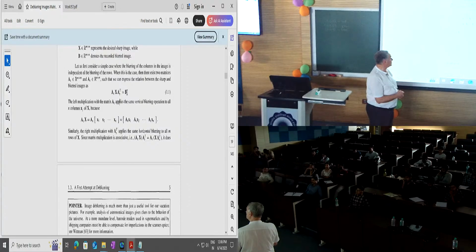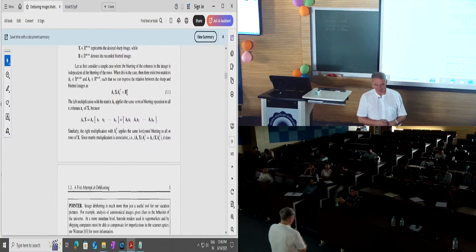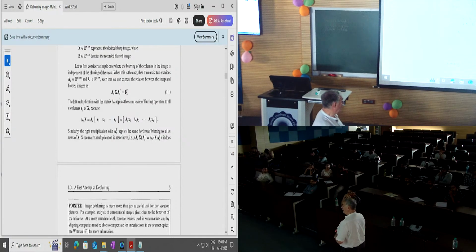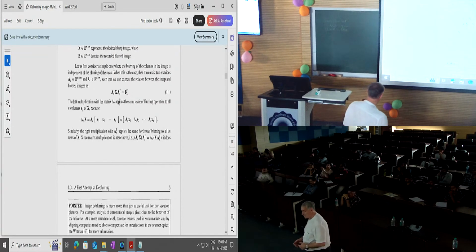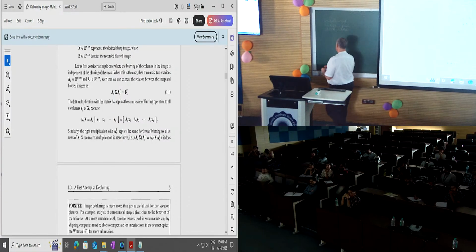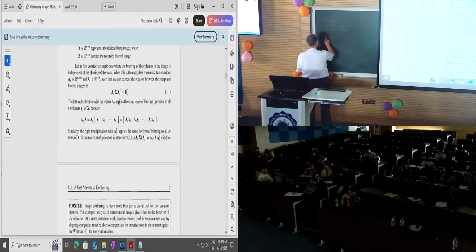The simplest case is to consider uniform blur, left and right, and then matrices A_C and A_R are represented as Toeplitz matrices, one kind of structured matrices.